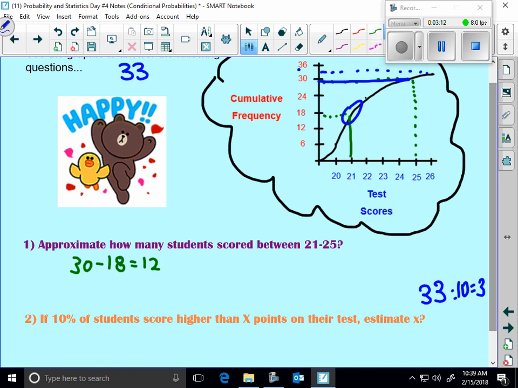I went from 33 down to 30, so I'd say above 25. So X would be 25 points. Sound reasonable? There's a test question similar to that with a different scenario. Okay, let's keep moving.